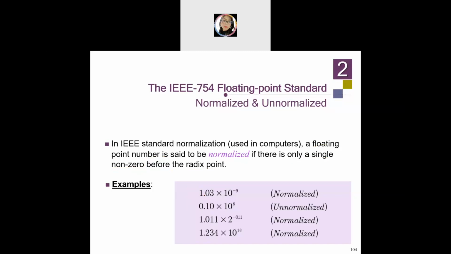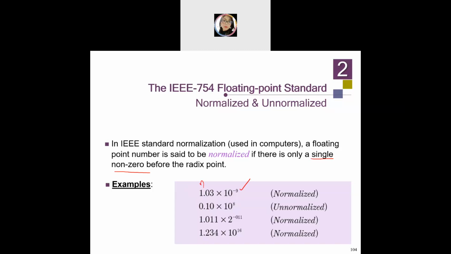Different from just now. For simple floating point standard normalization, you need to have a non-zero after your radix point, and before that it will be 0, isn't it? But now, before your radix point, you need to have only one single non-zero.